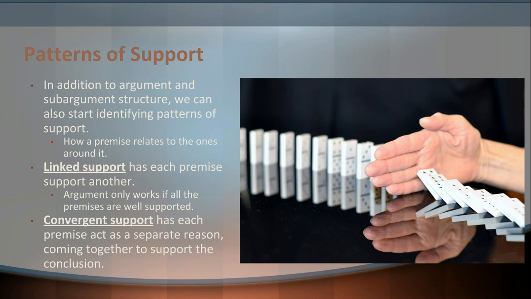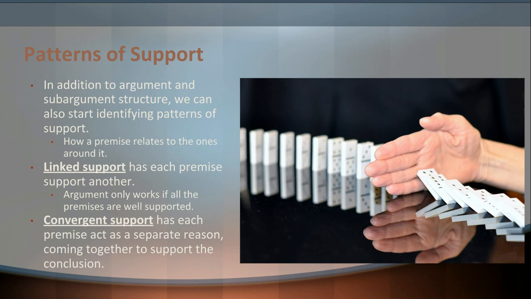So here, when we talk about the actual patterns of support, one of the main ones that we'll see are linked support arguments, or arguments with linked support. Now, arguments that have this sort of pattern to them have each premise supporting another premise. And in this sort of case, the argument only works if all of the premises are well supported.